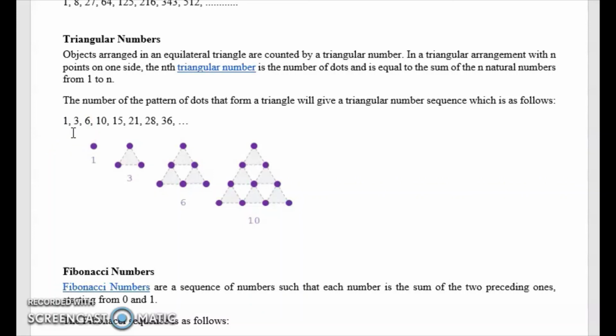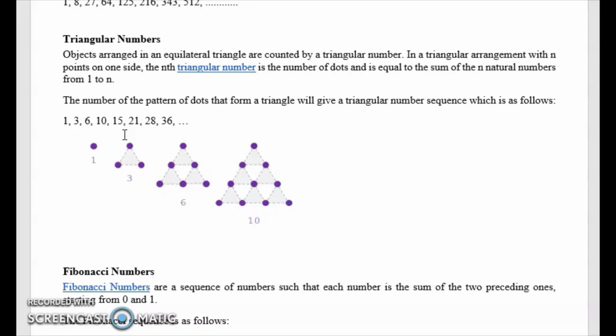So the difference of the consecutive numbers is ascending counting numbers. If you have noticed, class, the difference of the first is 2. The difference of the second and third number is 3. Yung susunod 4, 5, 6, 7, 8. So their difference in between is an ascending counting number.